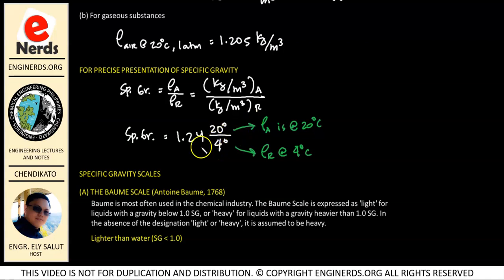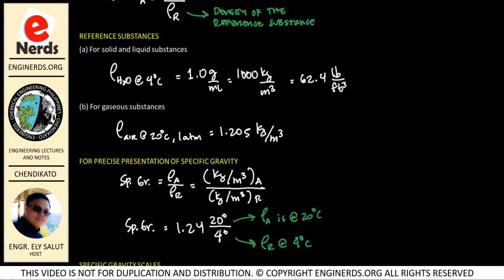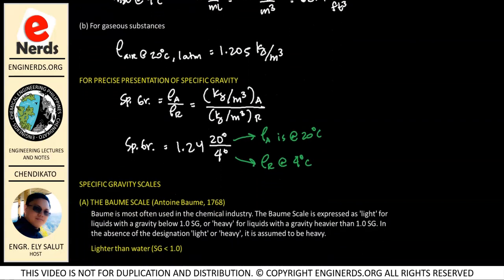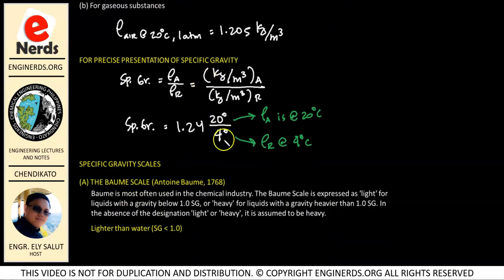Okay, so anyway, if you know the density of water at 4 degrees Celsius, katulad ng binigay natin kanina, well, this is equal to 1, or nearly equal to 1 if we want to be precise. So usually yung specific gravity natin with reference as water at 4 degrees Celsius is equal na rin sa density ng substance natin.